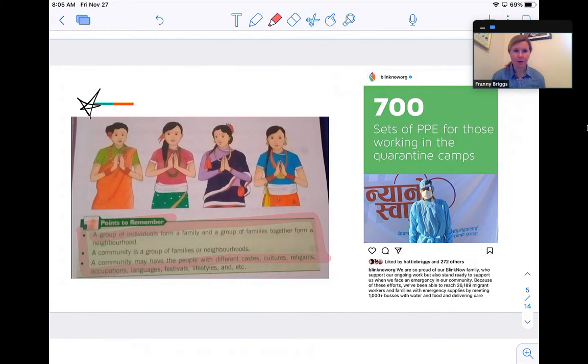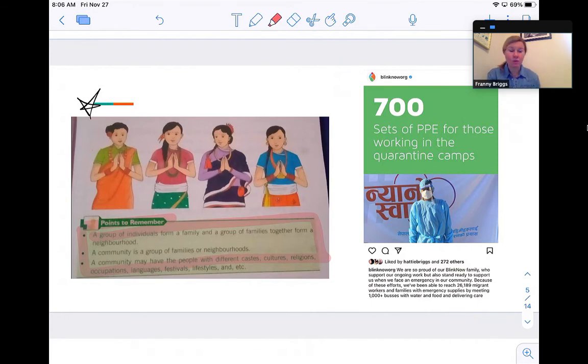Here's another example from the Blink Now Instagram. So on an Instagram post or a Facebook post, you have the image, you have the graphic, and then you also have the caption. The caption is where you're getting that big long chunk of text that's giving you information. But what the image is giving you is just what's most important.